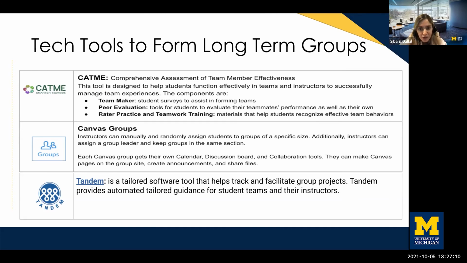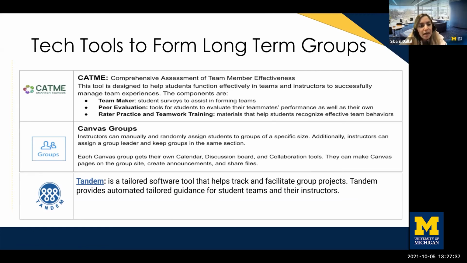They have surveys to help you intentionally design groups based on skills, background, and personality. CATME is a free tool available for all faculty through the College of Engineering. And as I said, it has a built-in survey to help you make your teams based on criteria that you select.